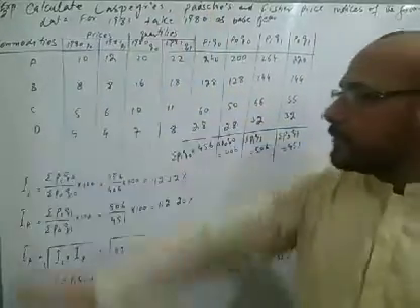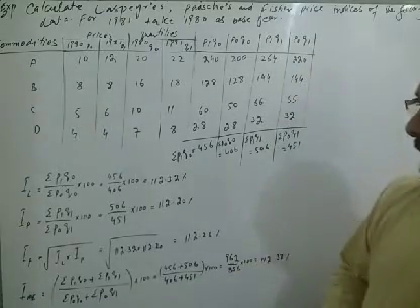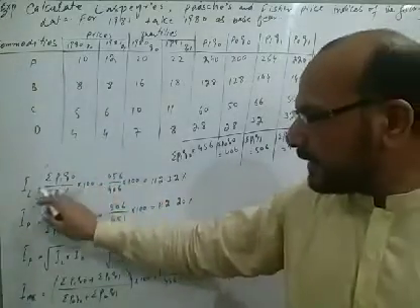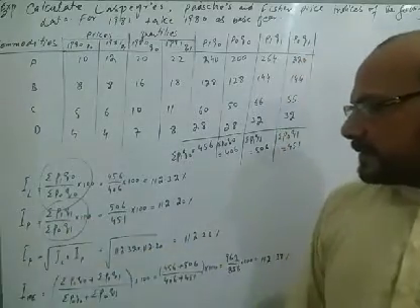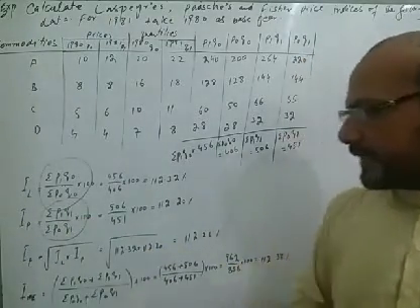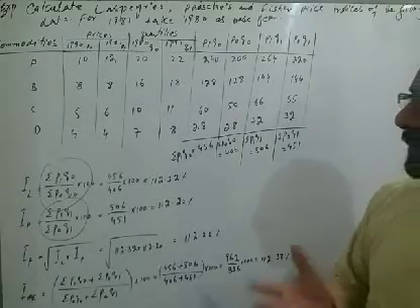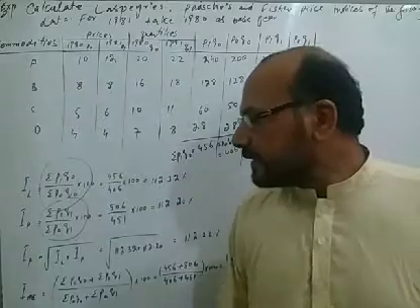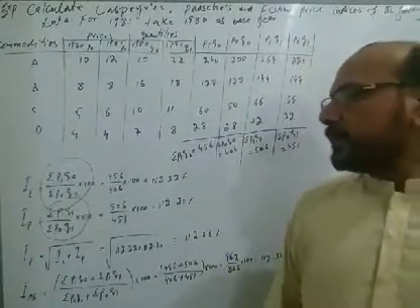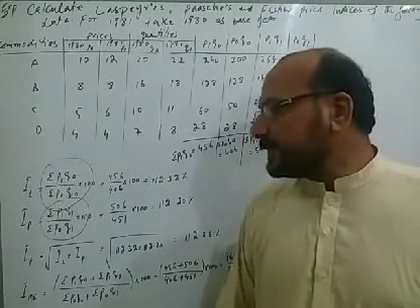What we need to calculate: first we write the formulas for Laspeyres, Paasche, Fisher, as well as Marshall-Edgeworth. For Laspeyres, we need P1 Q naught divided by P naught Q naught.